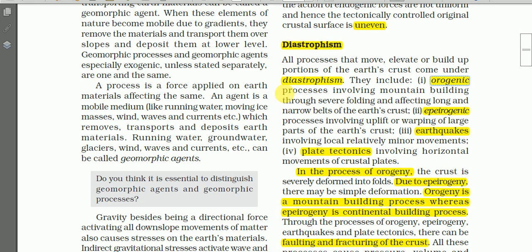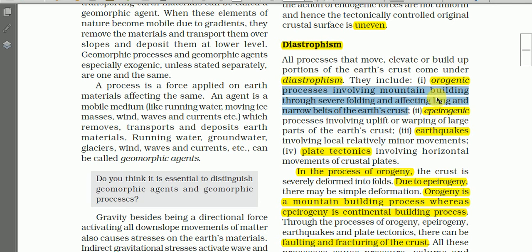So we have four types of diastrophism: orogenic processes, epirogenic processes, earthquakes, and plate tectonics. These are the four main types of diastrophism.